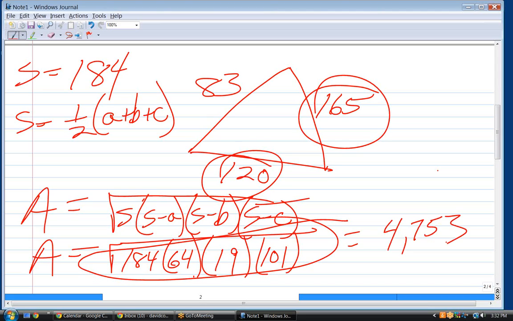Is that the number, or is that the square root? That's the square root.